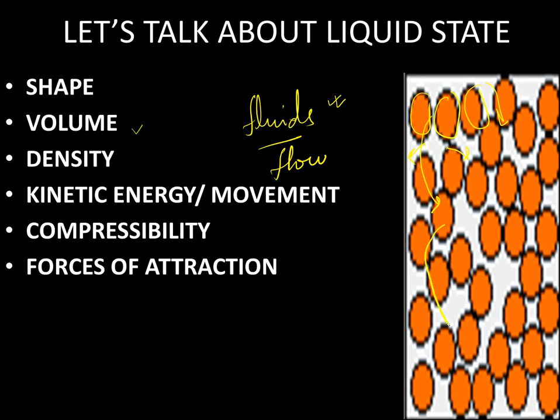So this is how they are free to move in the liquid bulk. That is why the liquid has no fixed shape, but the volume is fixed because the number of particles remains the same, constant. When we talk about density, density means how much mass is present in unit volume.